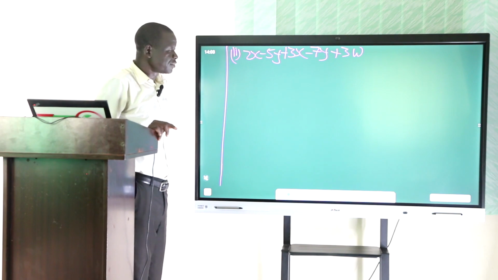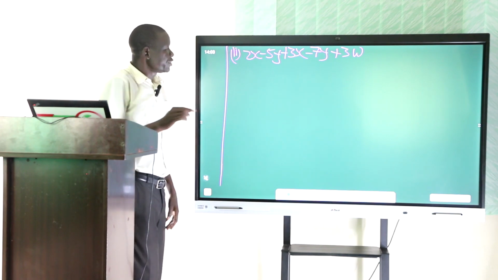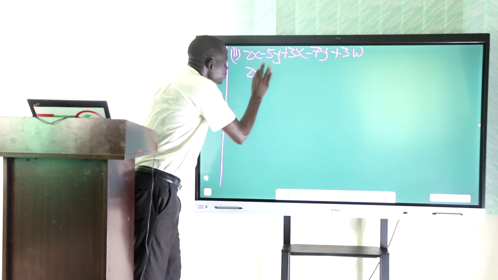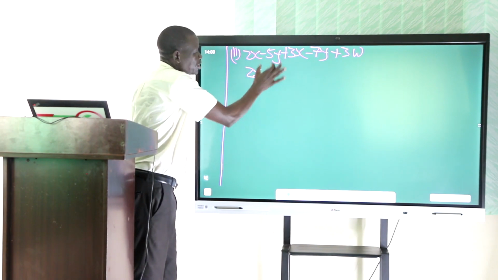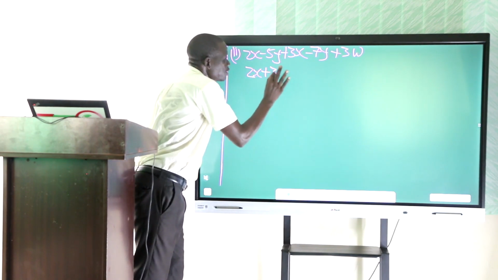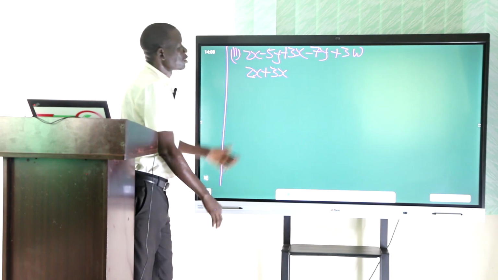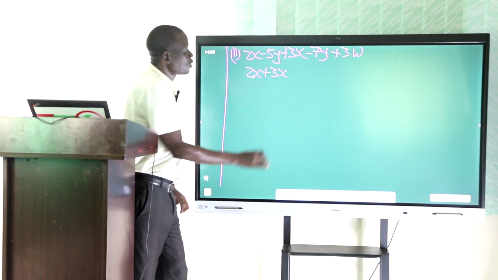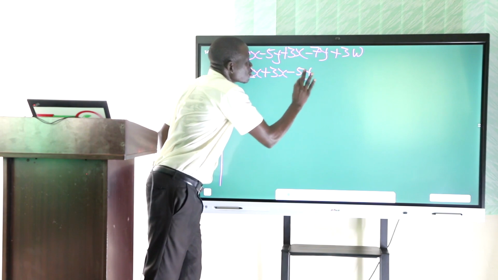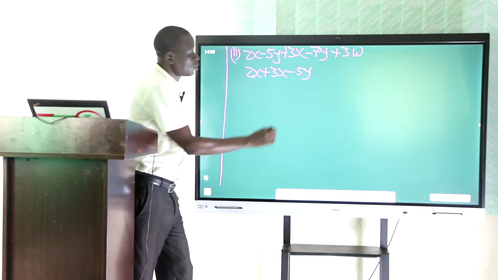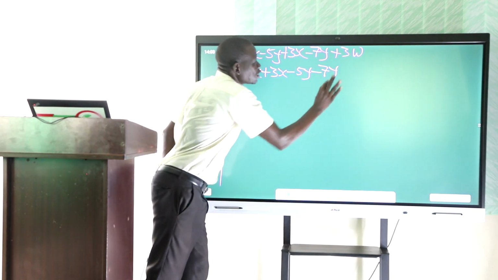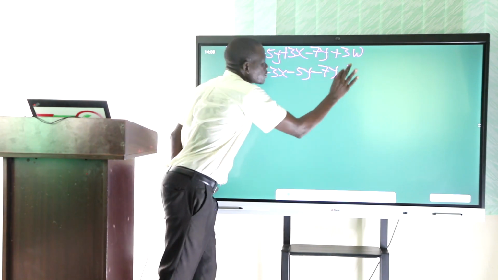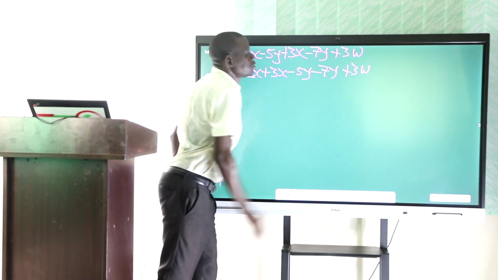And those of w. So in this case, we shall have 2x, bring the 3x near 2x, plus 3x, then we say minus 5y, then minus 7y, and lastly plus 3w.